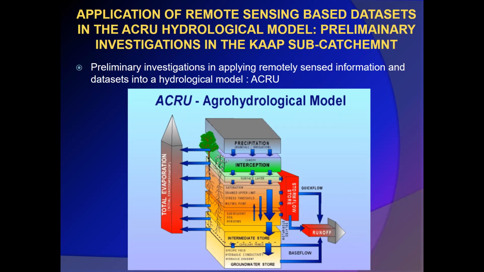And this was just a preliminary investigation in applying remotely sensed information and data sets to the ACRU model, the agro-hydrological model. This model was developed in South Africa for Southern African conditions at our university. And lots and lots of research has gone into modifying this model and making it a wonderful research and teaching tool.